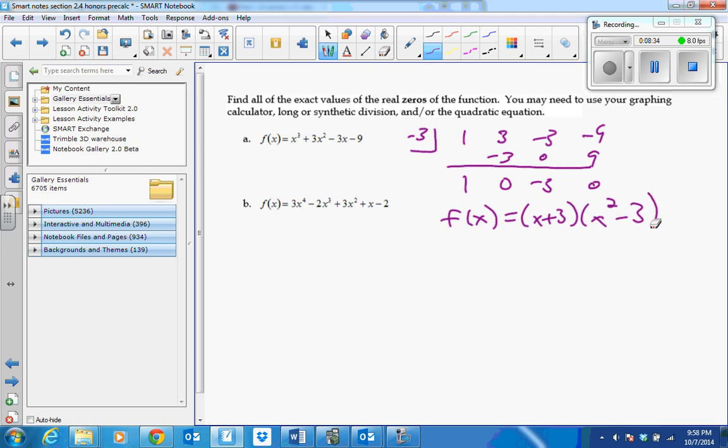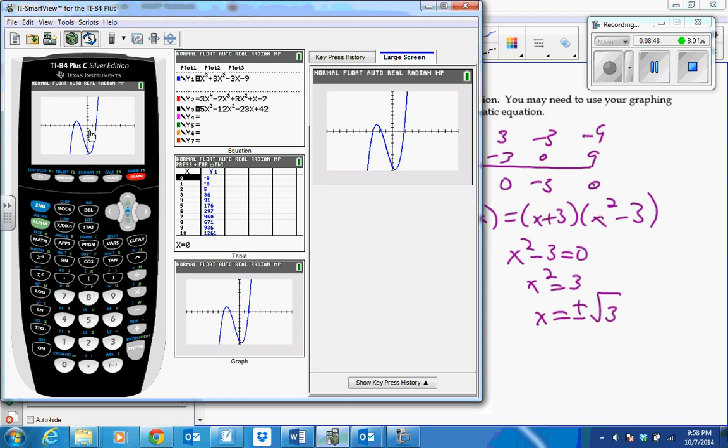So to figure out what our other two roots are, if we're setting this equal to 0, we get x squared minus 3 equals 0, so x squared equals 3, and x equals plus or minus the square root of 3. And if we go back and look at our graph, this is plus square root of 3, and this one is minus square root of 3.